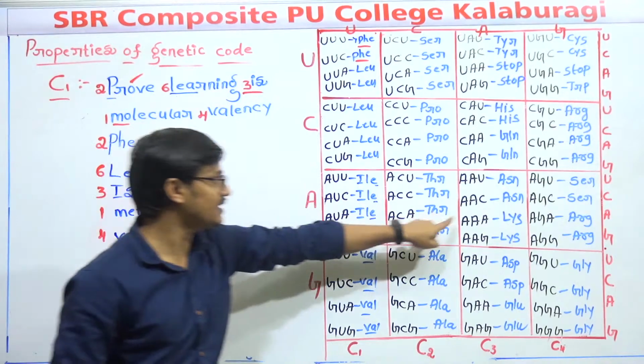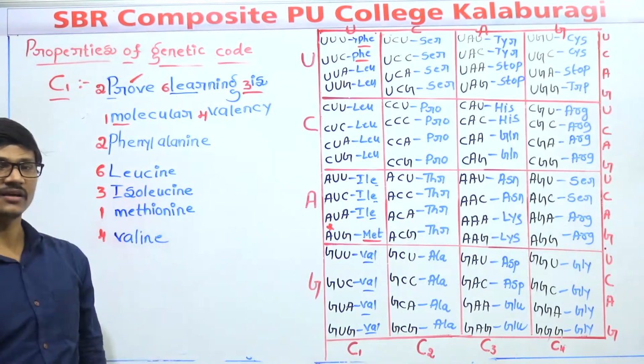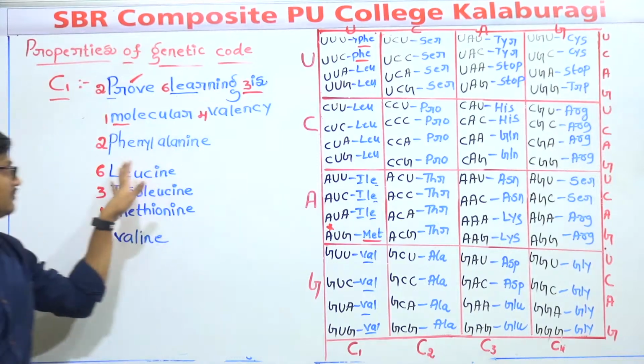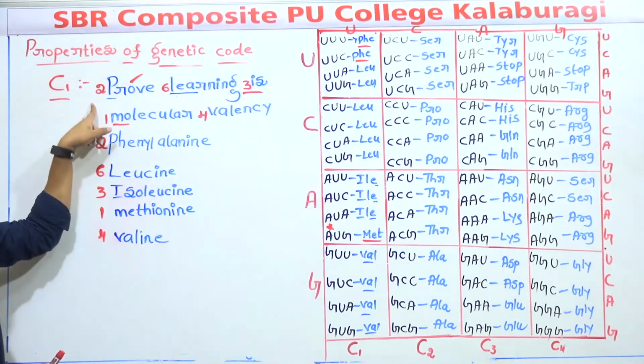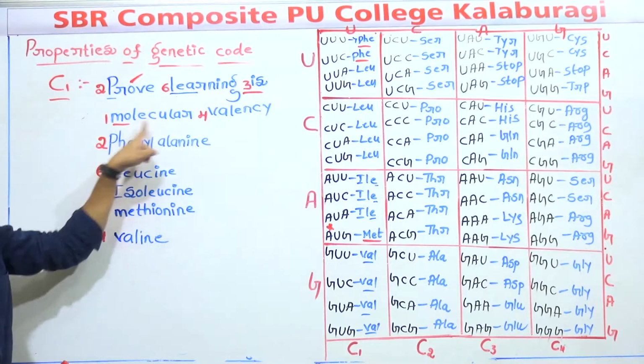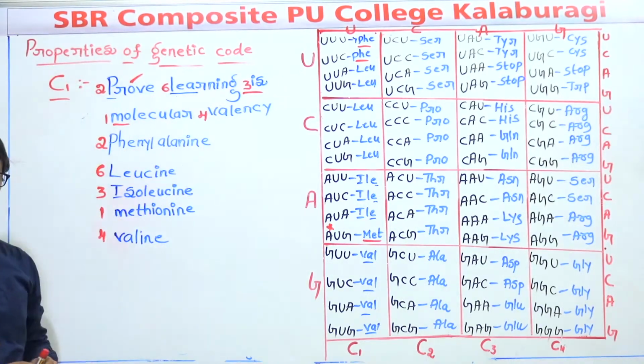Still, there are 3 columns left. First, be thorough in this first column: Pro 2, learning 6, is 3, molecular 1, valency 4.